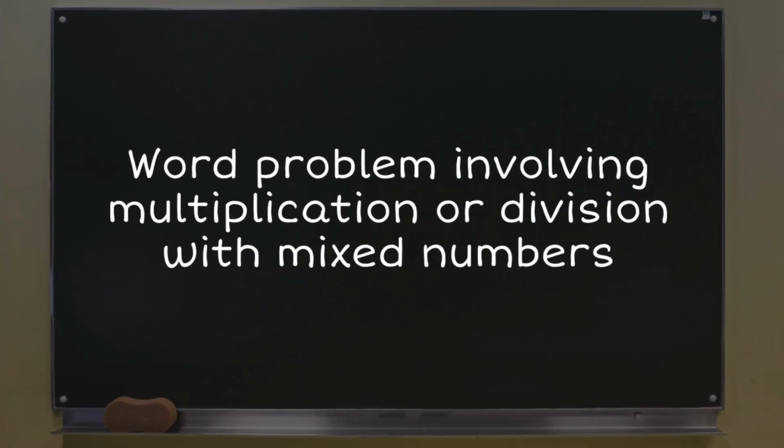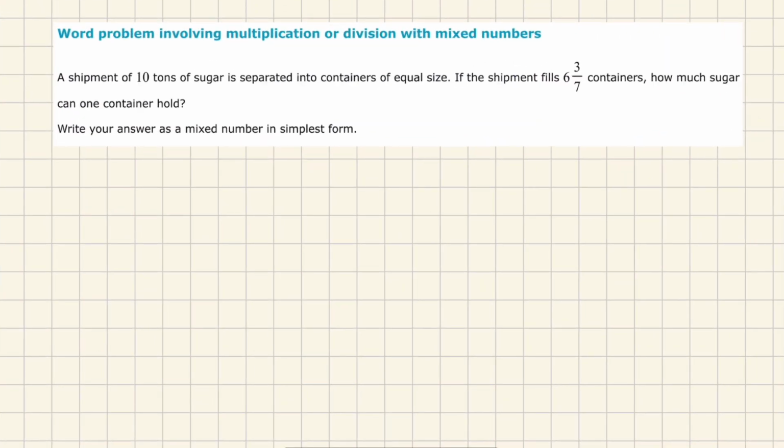Word problem involving multiplication or division with mixed numbers. In this example, we're told that a shipment of 10 tons of sugar is separated into containers of equal size, and that the shipment fills 6 3/7 containers.